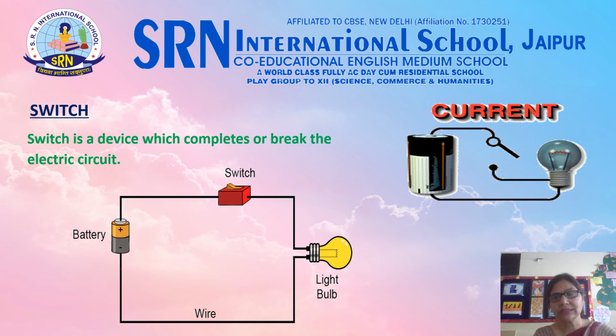When the circuit breaks, no current flows through the circuit. When the switch is on, current flows through the circuit. Thus, a switch is a device which completes or breaks the circuit.